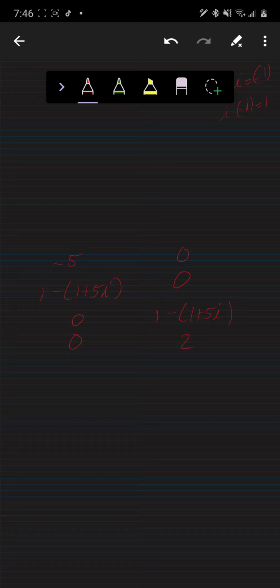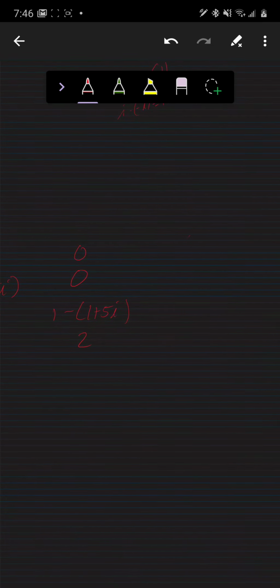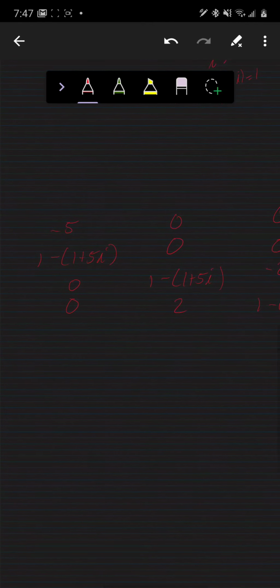Then this is going to be 2, then 0, 0, 0, negative 2, 1 minus 1 plus 5i. And this is our equation with this eigenvector.